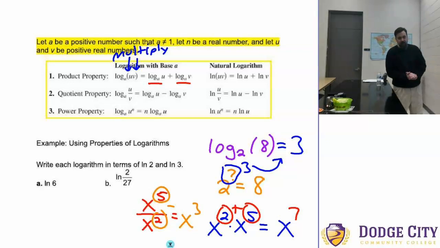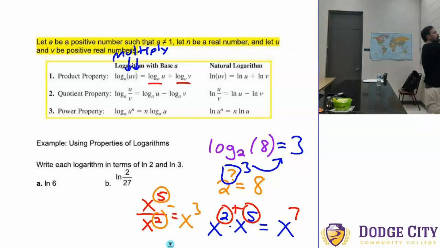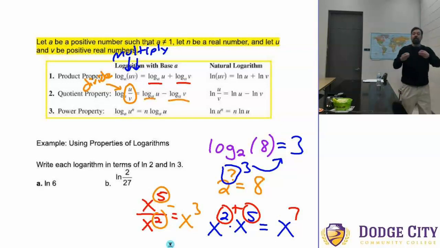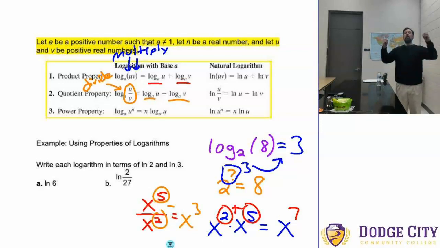So when we're dividing, we subtract exponents. So that's why this property up here makes sense. Here we are dividing, and when we split those up into separate logarithms, we will subtract those logarithms because that's what we would do with the exponents. And again, logarithms are exponents.